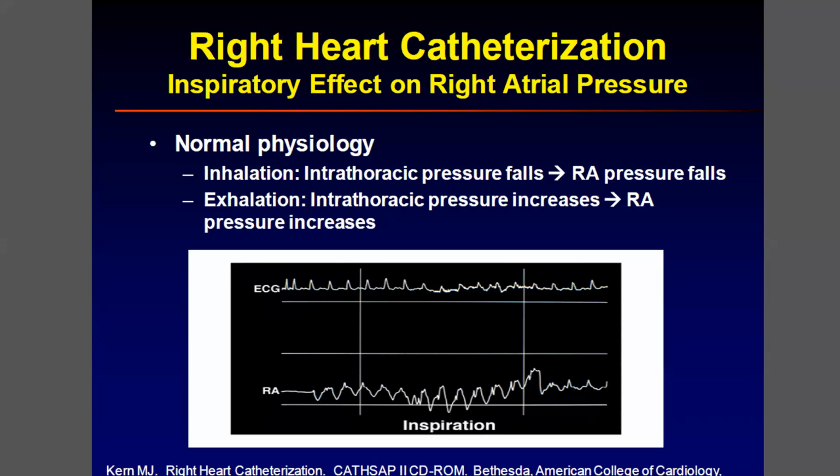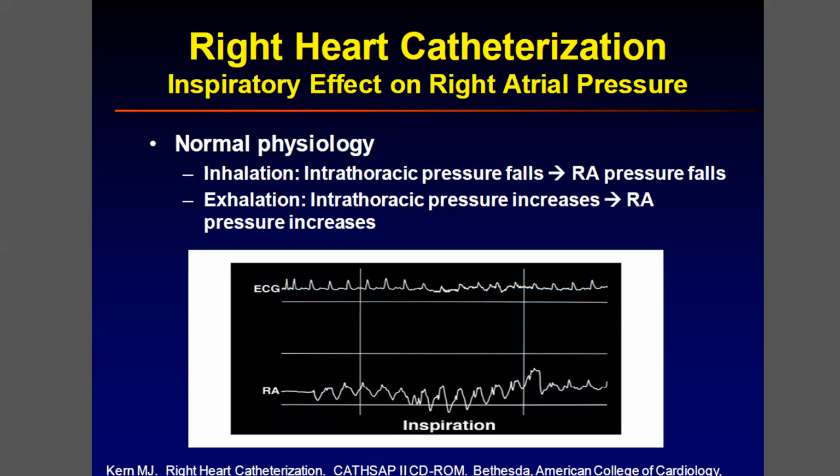So you see, on the left side of your heart, when you inspire, both go down. When you expire, both go up. So the gradient between the pulmonary vein and the left side of the heart is actually the same in inspiration and expiration.